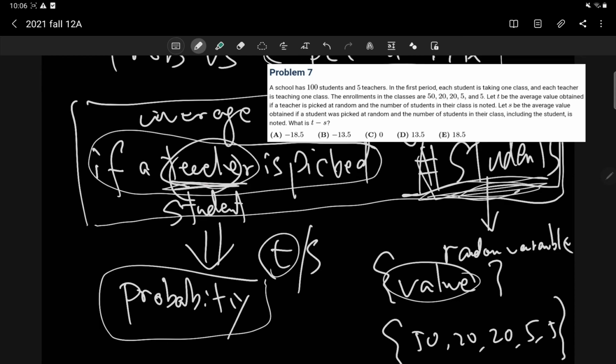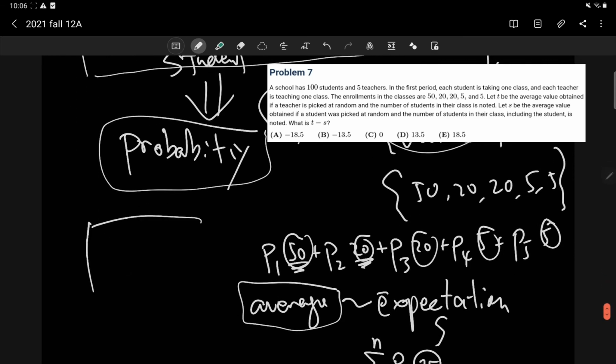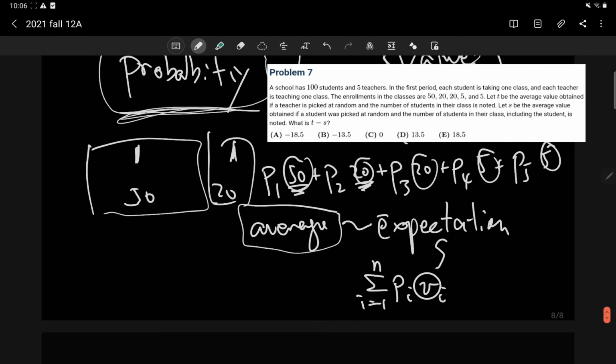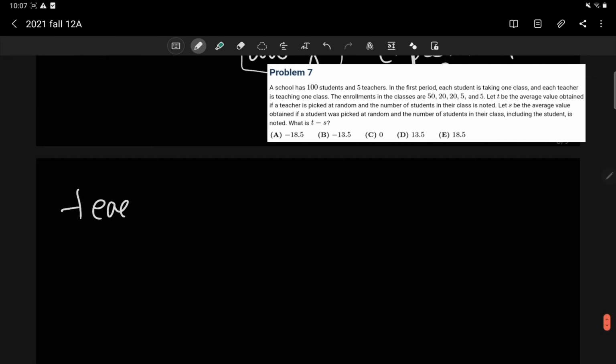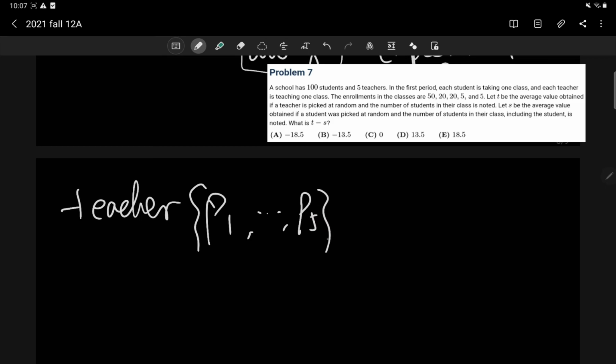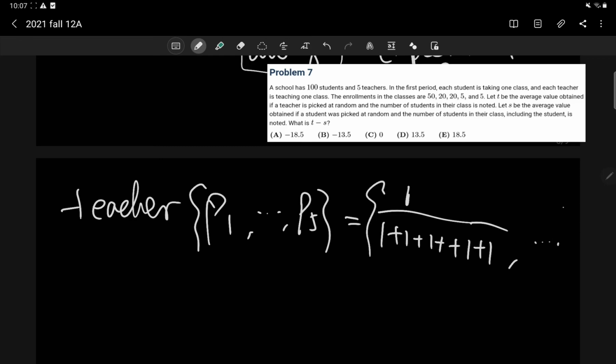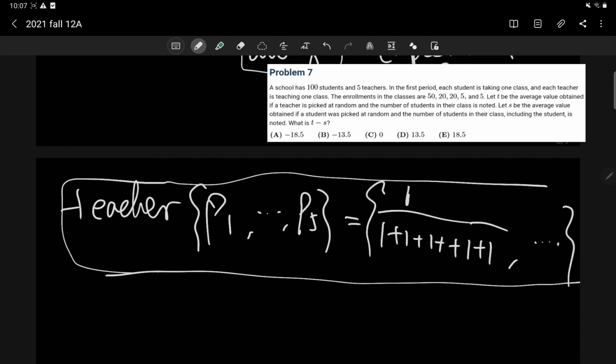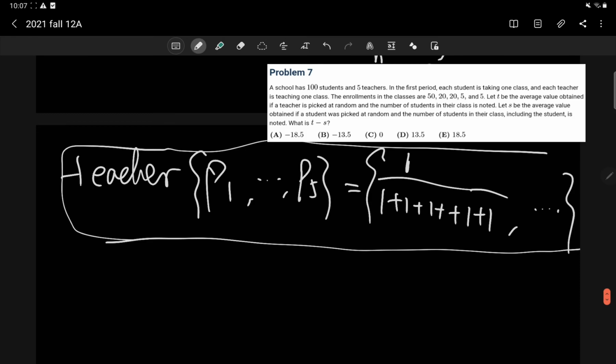However, since for each class, no matter whether it is 50 or 20, we always have one teacher, the probability distribution of P1 to P5 for a teacher is actually equal to 1 over 5 each, the same thing. So that is the trick.